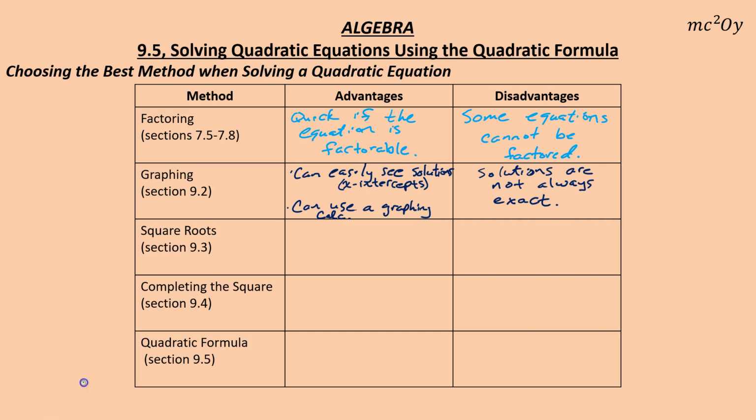Square roots was another, and remember, when we're dealing with square roots, we're talking ax squared plus c equals 0. It has to be in this format. We don't have a b term, so b is gone, right? So it's easy. We can use it quickly if we're in this format.